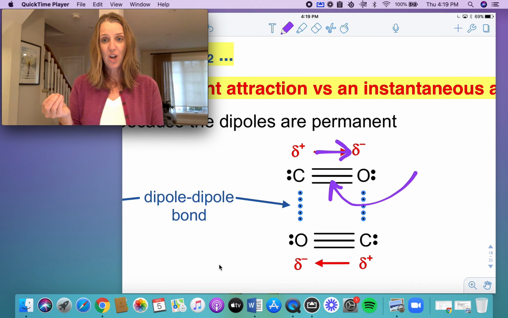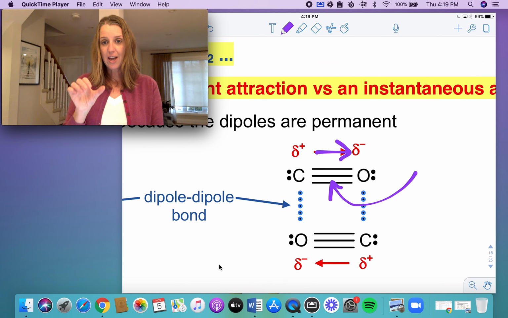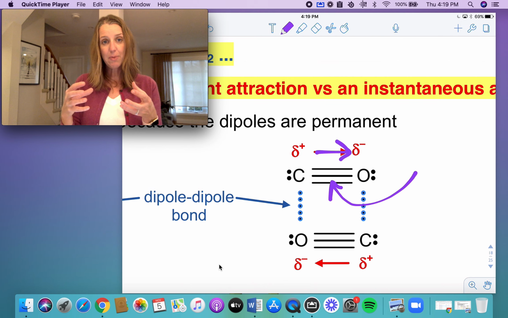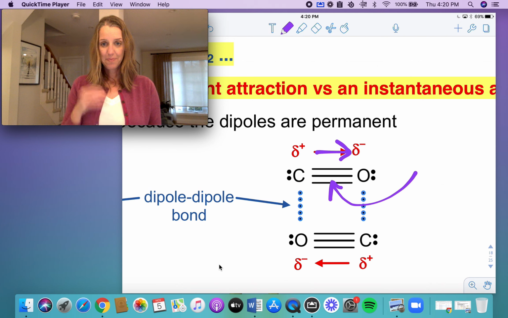Because oxygen holds those shared pairs of electrons closer to it, creating a dipole there, which means that when you're looking at a whole container filled with just carbon monoxide, they have a little bit of a stronger bond, and the bonds between them are called dipole-dipole bonds. So if you're changing the state, you're going to be looking at melting points or boiling points. Which bonds are breaking? It's the dipole-dipole intermolecular bonds.